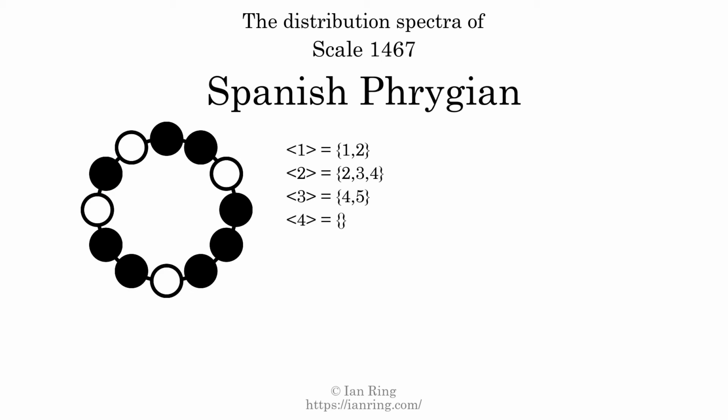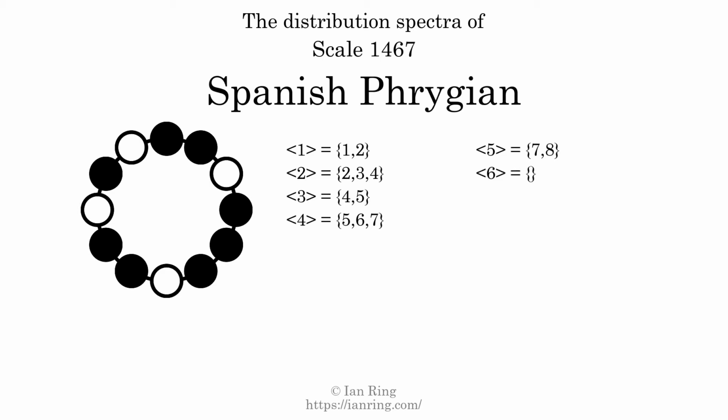The generic interval of 4 scale steps comes in 3 different specific interval sizes, 5 semitones, 6 semitones, and 7 semitones. The spectrum width of this generic interval is 2. The generic interval of 5 scale steps comes in 2 different specific interval sizes, 7 semitones and 8 semitones. The spectrum width of this generic interval is 1.